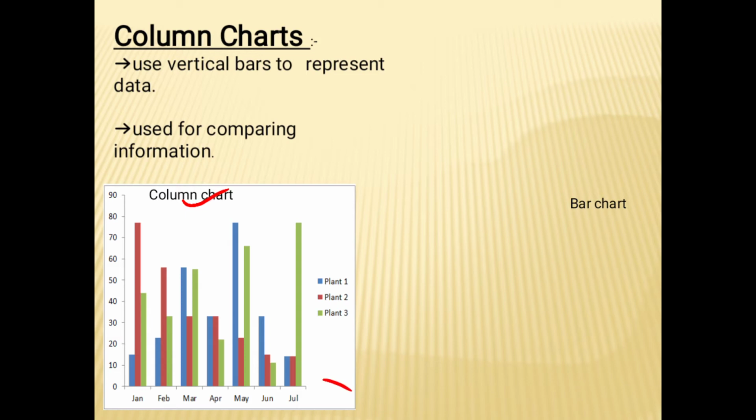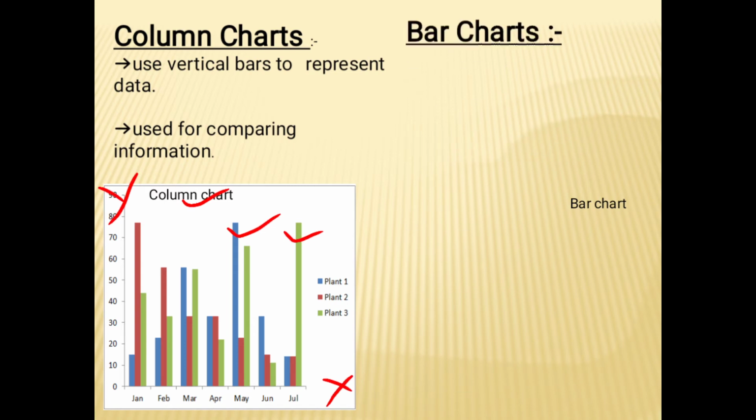Here this is the x-axis, and this is the y-axis. For a column chart we take the x-axis for categories and the y-axis for representing values.